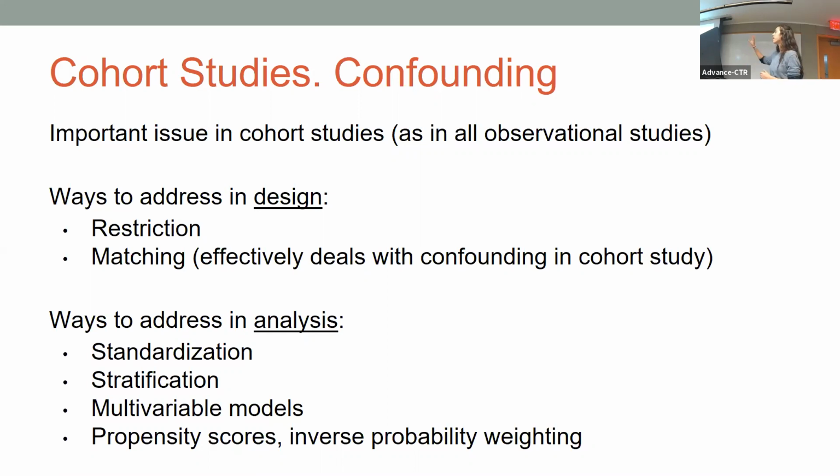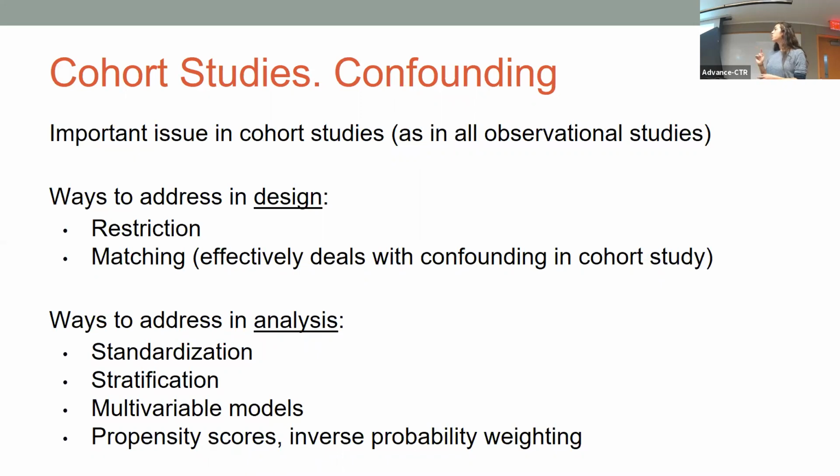What I mean by the design phase is maybe prior to actually conducting your study, you try to think of ways to reduce confounding. This can be done by restriction and matching. So for example, actually this example is with case controls, but it's okay.